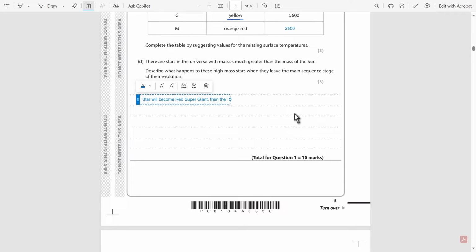Then the star will explode. The star will leave either a black hole or a neutron star, depending on its size. There we go.